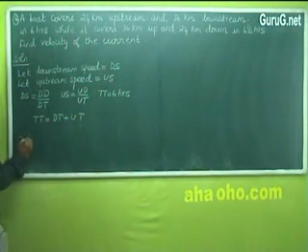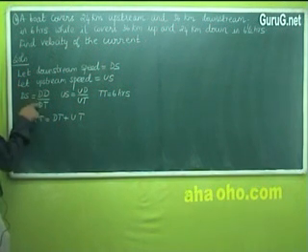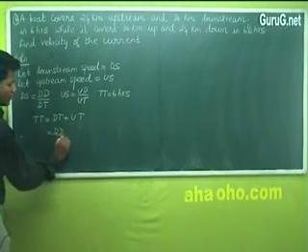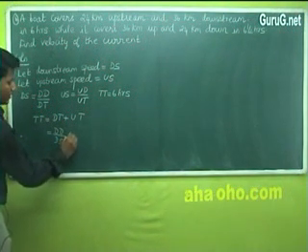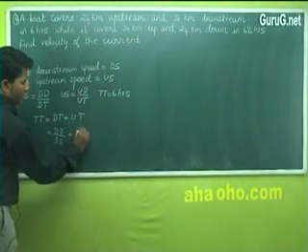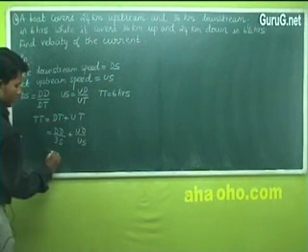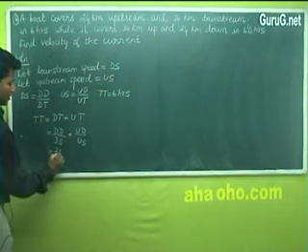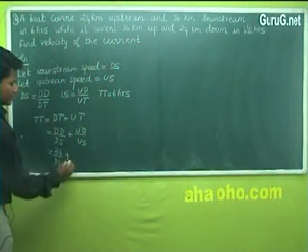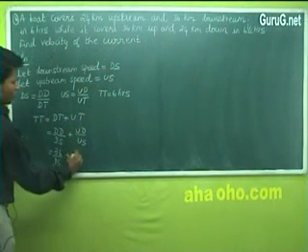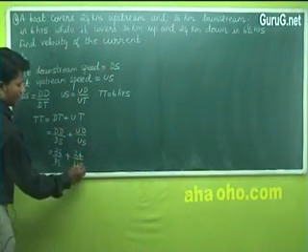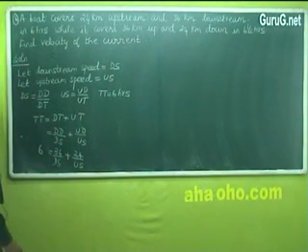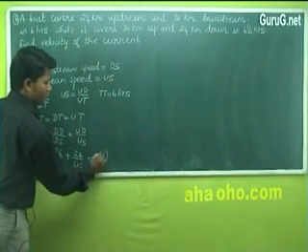That is, downstream time is equal to downstream distance by downstream speed plus upstream distance by upstream speed. What is downstream distance? 36 km. So 36 by ds plus, what is upstream distance? 24 by upstream speed. Total time is 6 hours. So let this be equation 1.